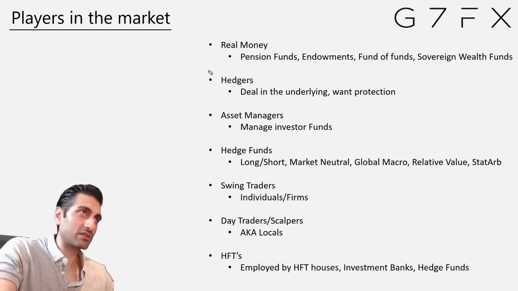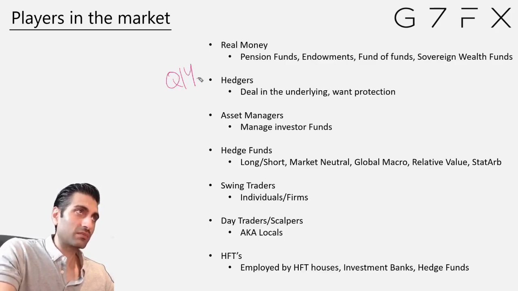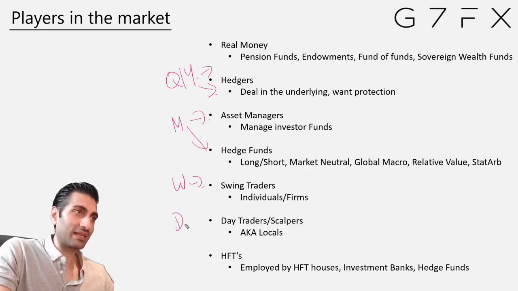If we just remind ourselves, very roughly speaking, quarterly, yearly, monthly, there's going to be some overlap here. Monthly, weekly, and then clearly day VWAP, not daily as in daily time frame, day, the intraday, right?